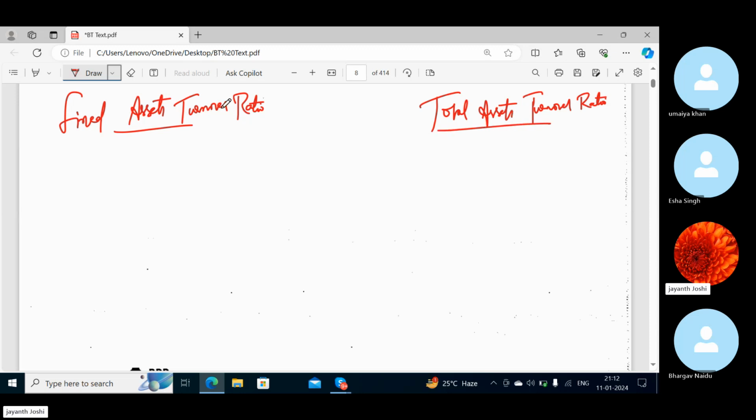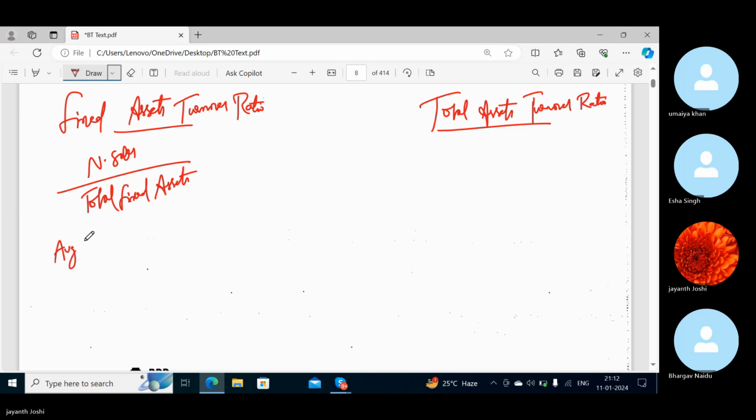So the formula for this is net sales divided by total fixed assets. If you have only one year's figure, that means a single year's figure, this is the case; or else use average fixed assets, that means opening figure plus closing figure divided by 2.